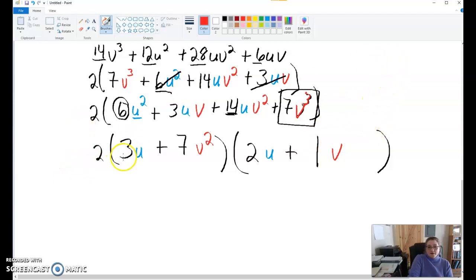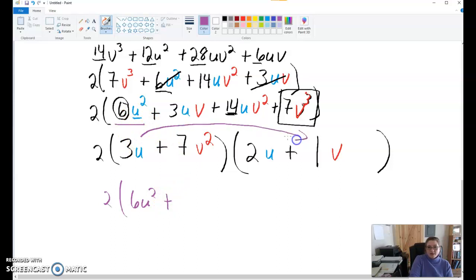I have 3u times 2u gives me a 6u squared, so that takes care of this first term. So I'm going to figure this out by refactoring it.